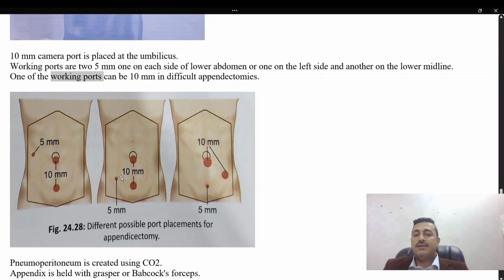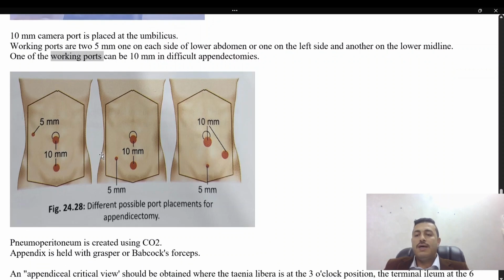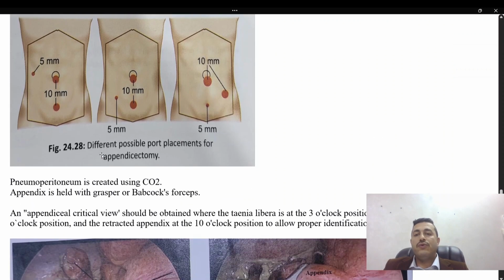You can insert 5 millimeter trocars on the suprapubic and the left iliac fossa. It depends on the surgeon; there is no constant rule for that. But the constant is we have a 10 millimeter port to extract the appendix, and it's better to be in the umbilical side.